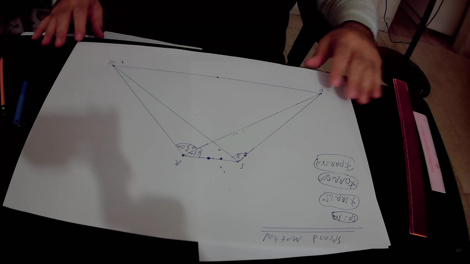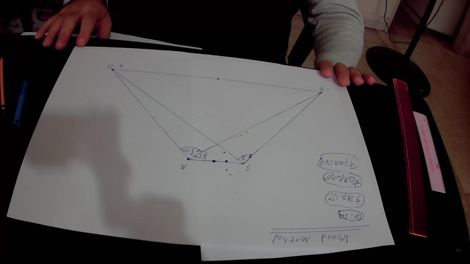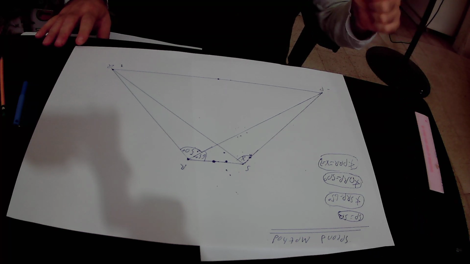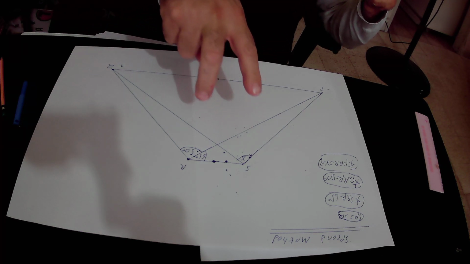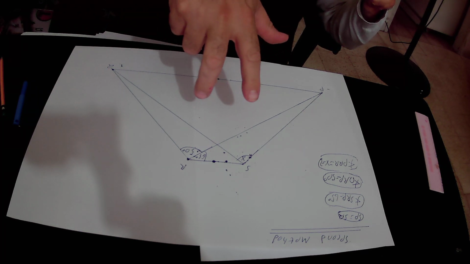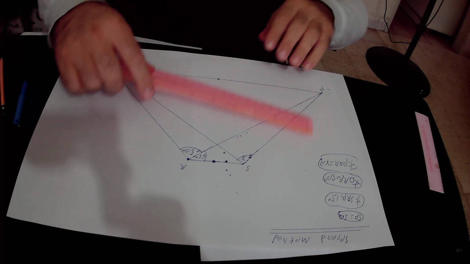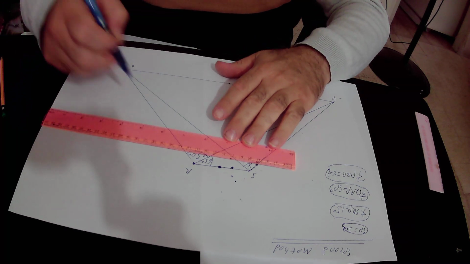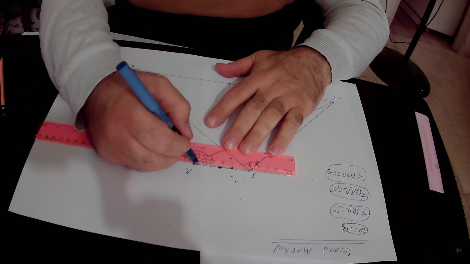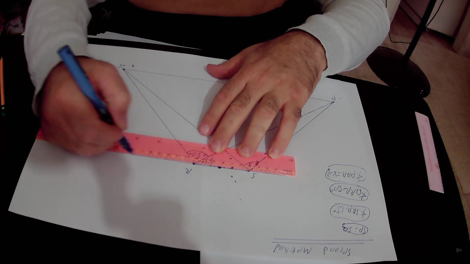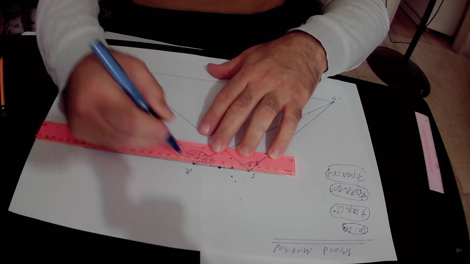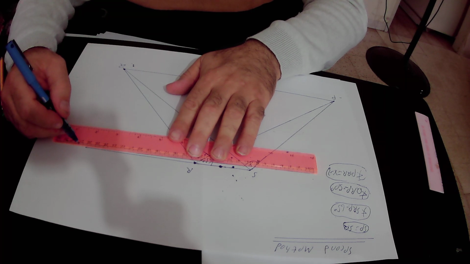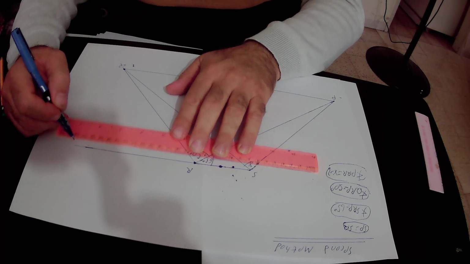In the second method, we will do another construction. Actually, we will extend the side SR of quadrilateral SRPQ by a straight line.